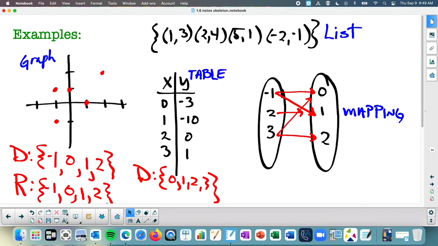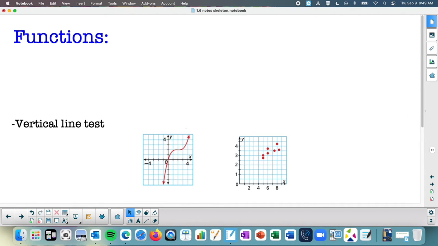Okay, let's move on to the next slide. A function. I'm sure you've heard this word as well. I would be awfully surprised if you remember what it is.